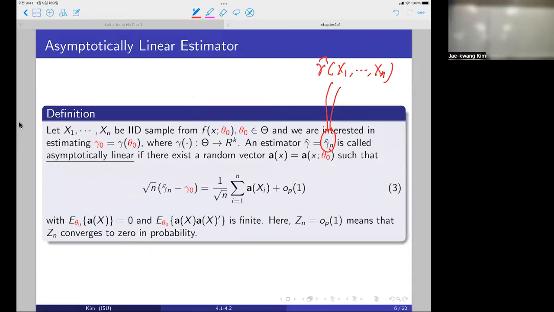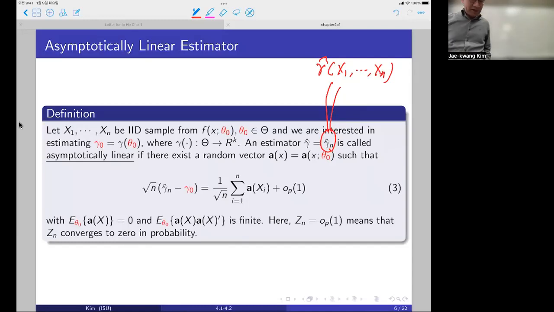So this function is basically characterized like this: the left side is a nonlinear function, and the right side is a linear function of A(xi).